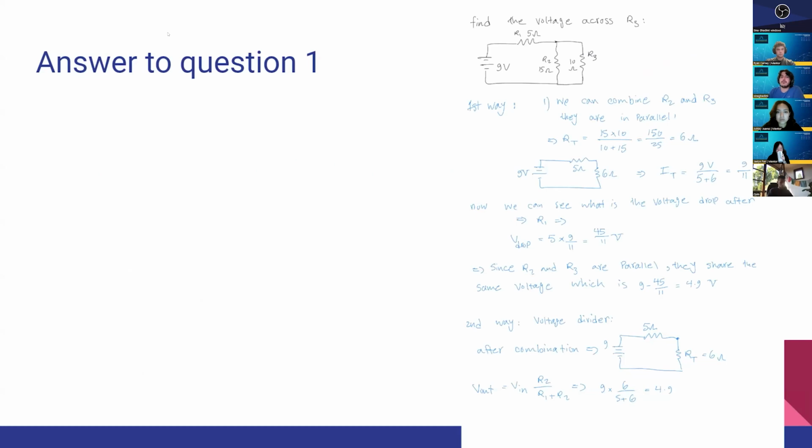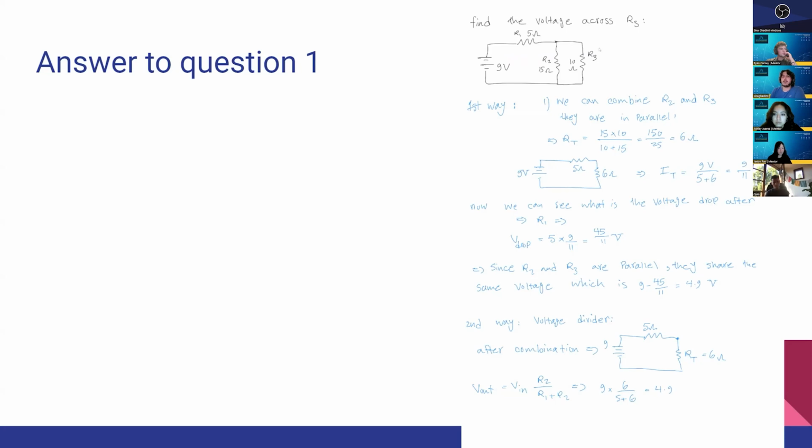Okay, so for the first one, we can use basically two ways that I use at least. We can combine the resistors, find the total current. Then, because we know the voltage at this node is the same, we can calculate the voltage drop after the 5 ohm.